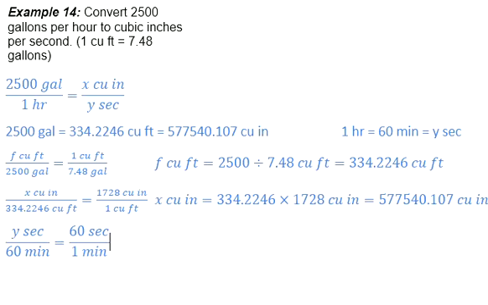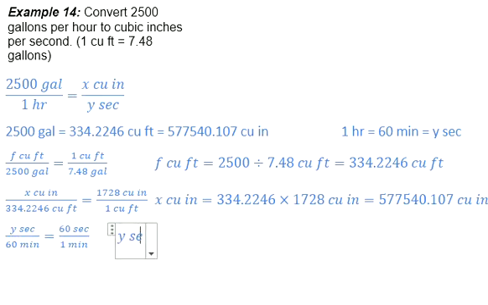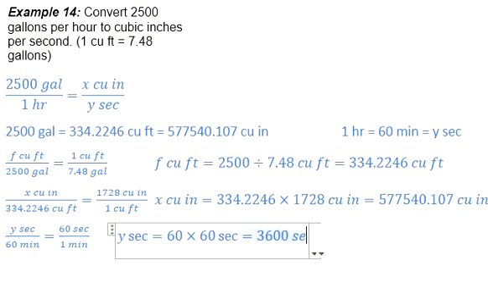So that completely cancels on the left, and then the minutes cancel on the right. So that gives me that y seconds is equal to 60 times 60 seconds. And 60 times 60 is 3,600 seconds. So 1 hour is going to equal 3,600 seconds.